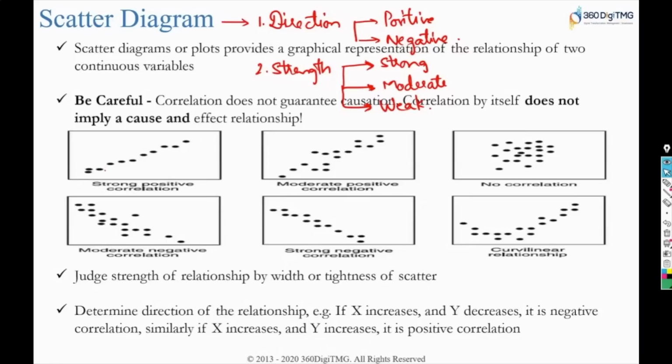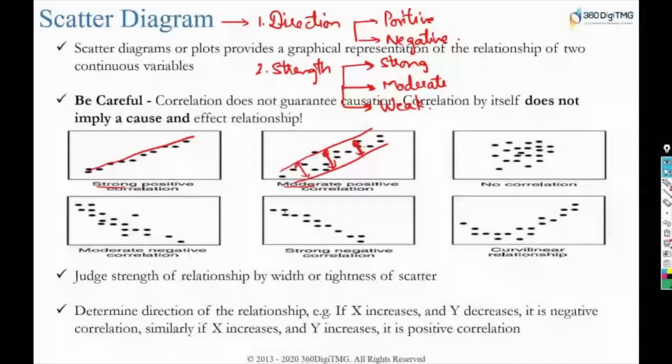So here, if I draw a line, you see these points are very close to the line. Hence you call this strong positive correlation. Strength is strong. Here, if you observe, there is a slight dispersion. When you have a dispersion like that, it's called moderate correlation.